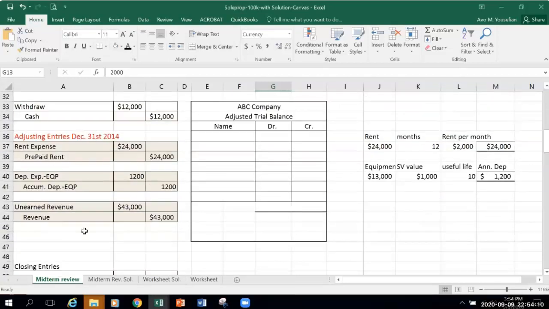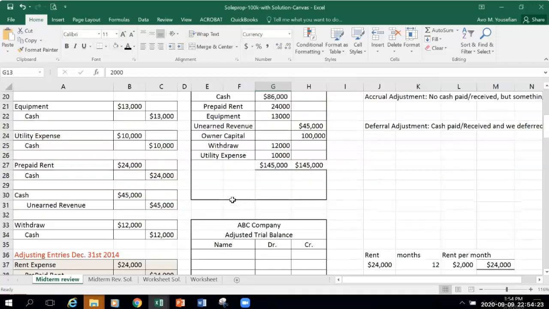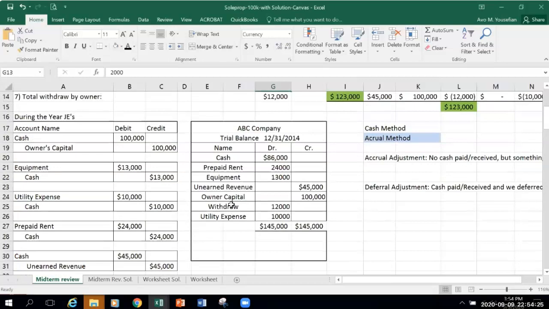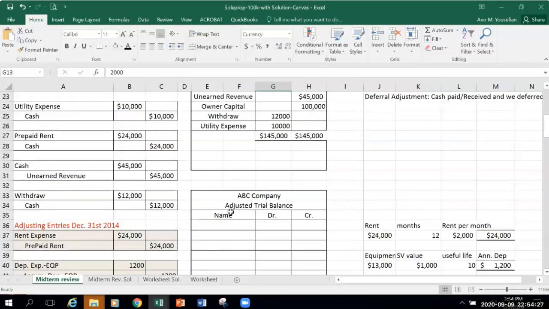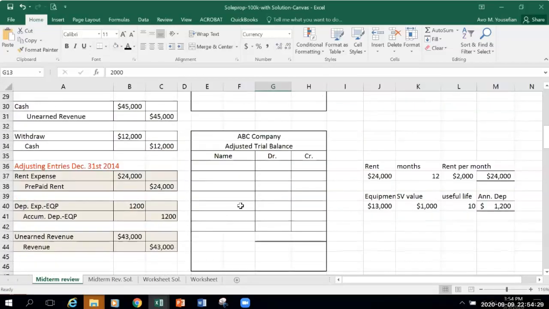So here we go. So we prepared adjusting entries. So now all we need to do is just, you can prepare this adjusted trial balance if you like to. So those are all account numbers comes here, just like this one, but a little bit more than this. Why? Because you have some other new accounts that are going to be there, and the result will look like that.